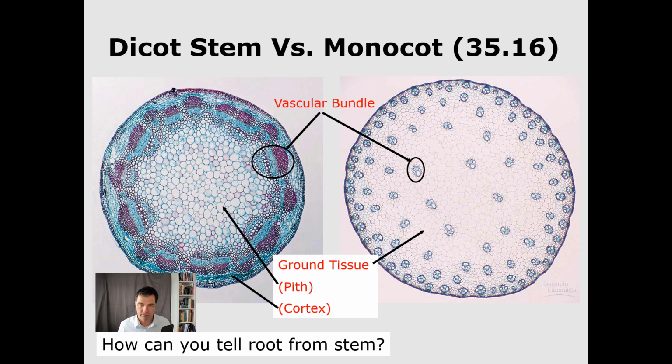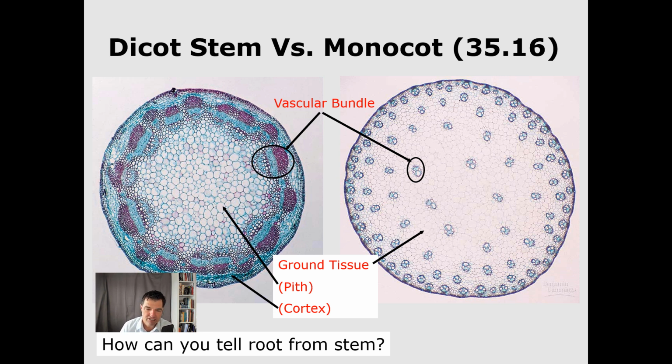So you might remember back when I showed you the dicot and monocot root in the last lecture, this is now a dicot stem and a monocot stem, and you want to make sure you can tell the difference between monocot, dicot, root, and stem, and vice versa. Okay, so here are my vascular bundles.